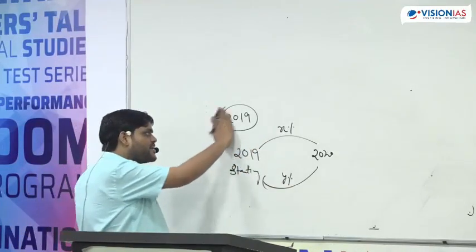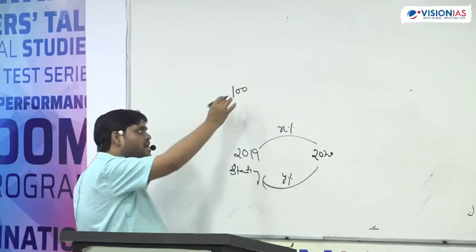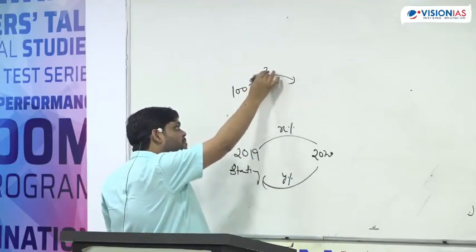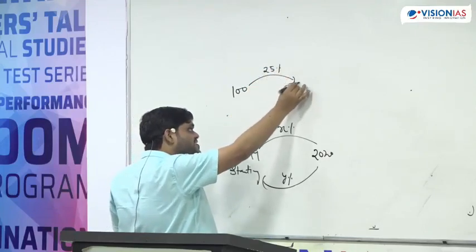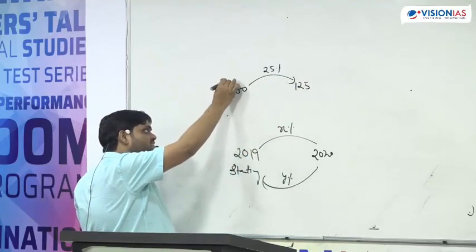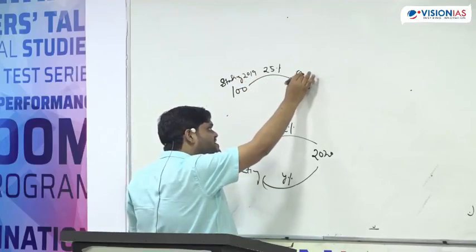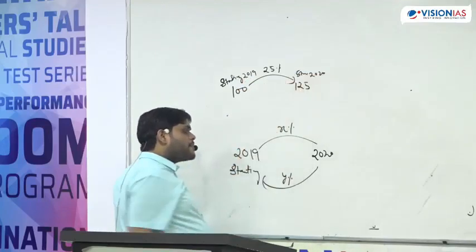So how can we do this? See, suppose any number was 100, if we increase this number by 25%, this number becomes 125. Suppose this is the population at the starting of 2019 and this is the population at the starting of 2020.